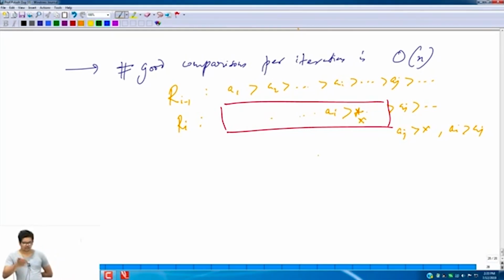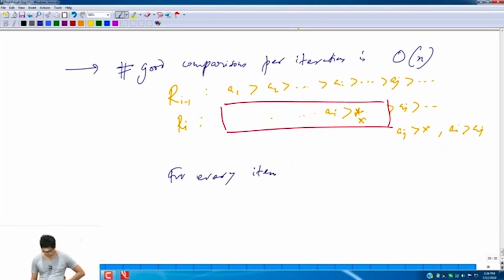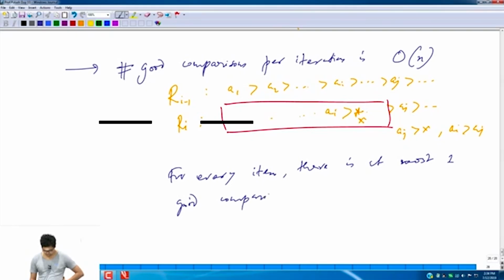So, in that iteration, the search for a place for AJ has stopped, and the observation is that for every item there is at most one good comparison per iteration.